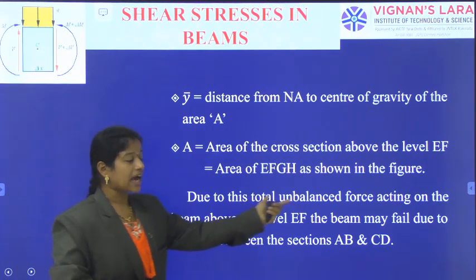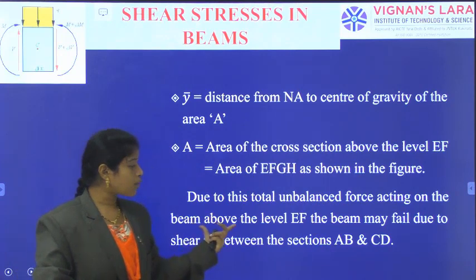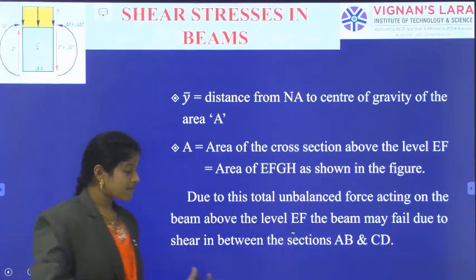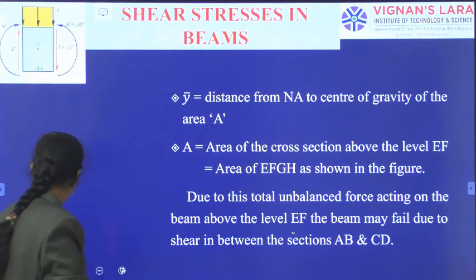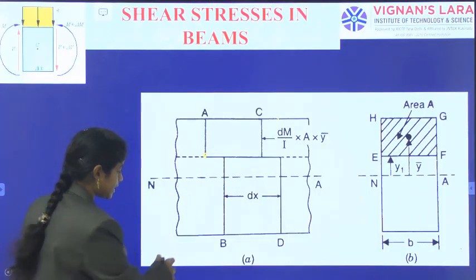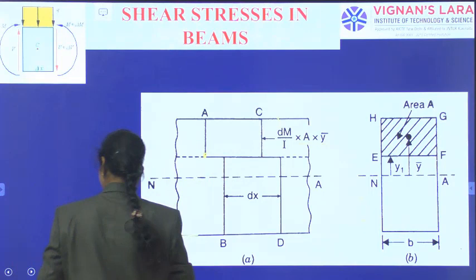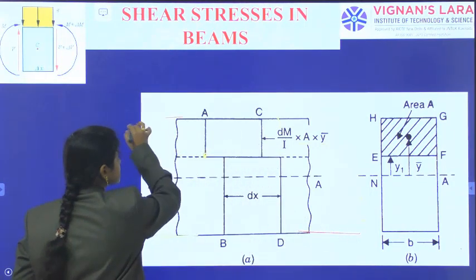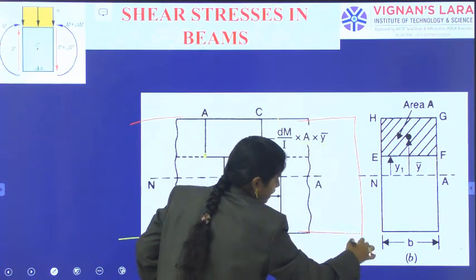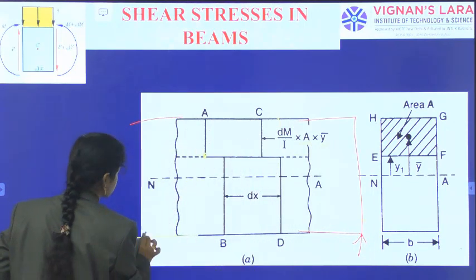Due to this total unbalanced force acting above the level EF, the beam may fail due to shear between the sections AB and CD. See here, this is the shear failure. This is the length of the beam that is continued. Maybe at some position we have supports.